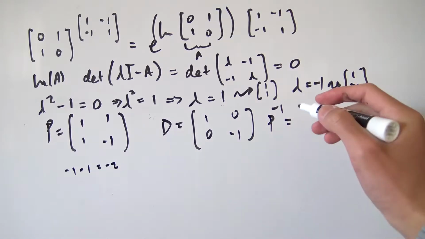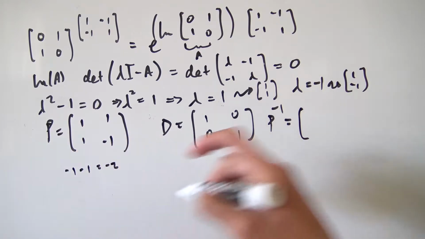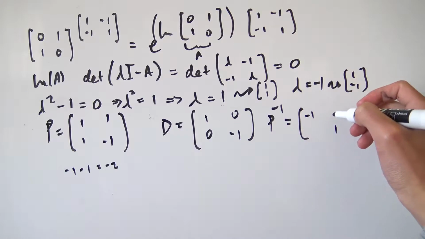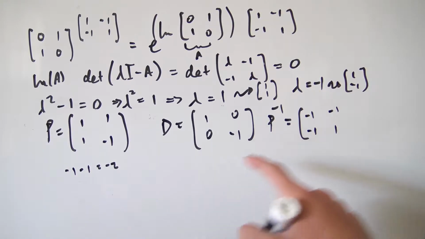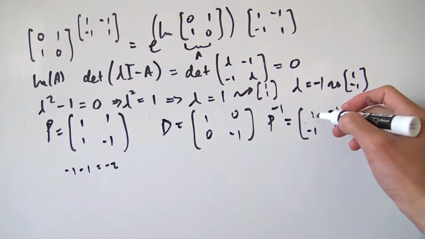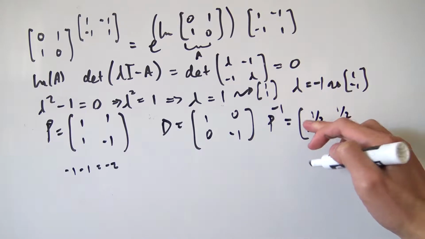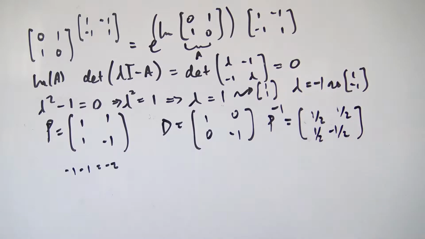So for our P inverse, what we have to do is swap these two entries right here, negative 1 and 1, and negate these two other entries, negative 1 and negative 1. Then we divide by the determinant, which is negative 2. Dividing by negative 2 gives a half, a half, a half, and a negative half, like so.